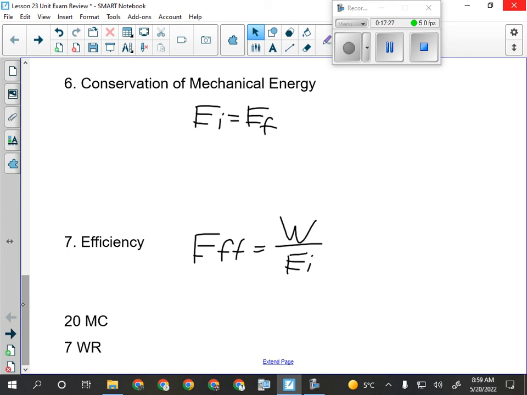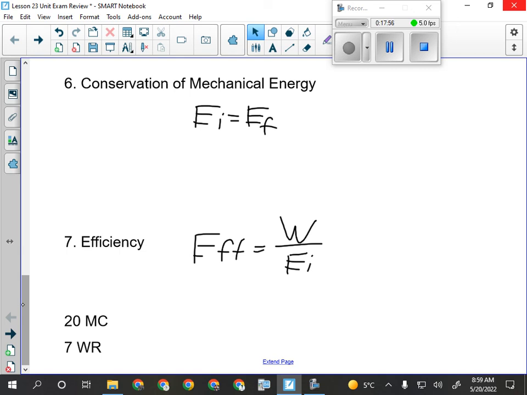Okay, so all the formulas that are on the back of your periodic table are on the front of the exam, so you won't have to have your periodic table / formula sheet with you. Everything you need is on the front, including the efficiency formula. So yeah, 20 multiple choice questions, and like I said, there's some terminology like what's work, what's energy, those types of energy, the thermodynamic stuff, the systems.